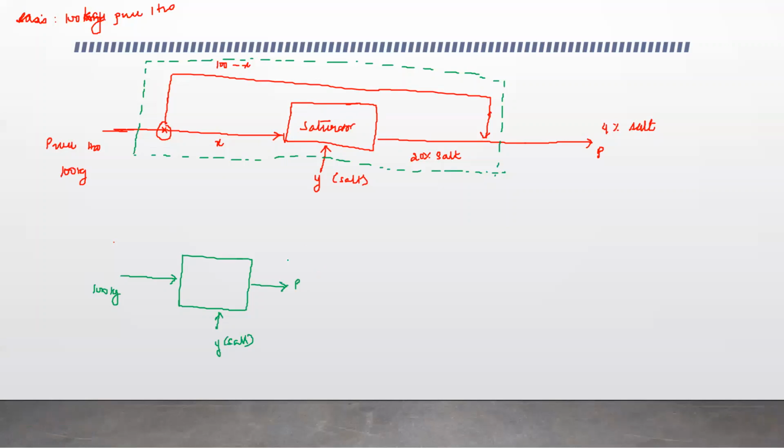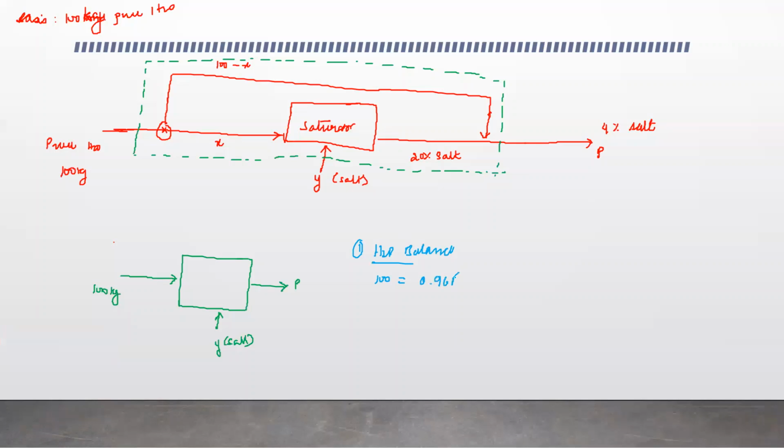The first thing that we are going to do is a water balance. When we do water balance, we get 100 is equal to 0.96 into P, since it is 4% salt here and therefore 96% water.